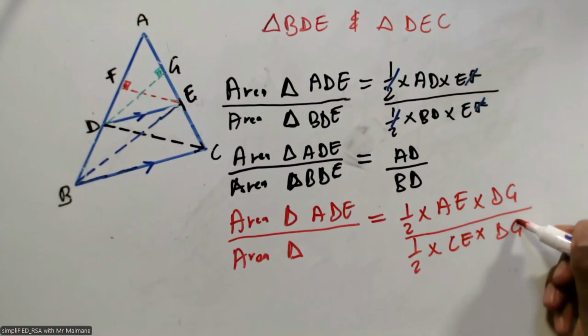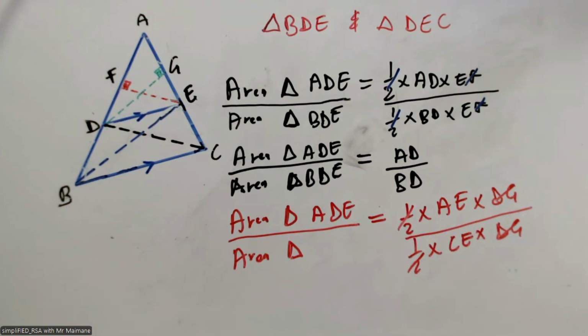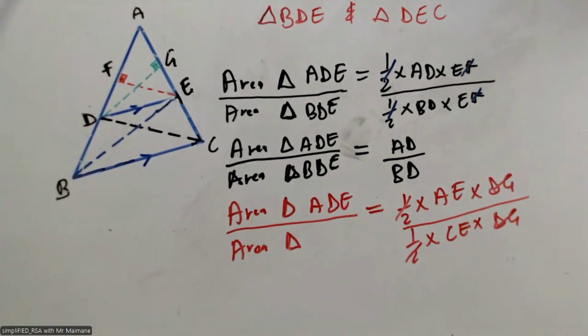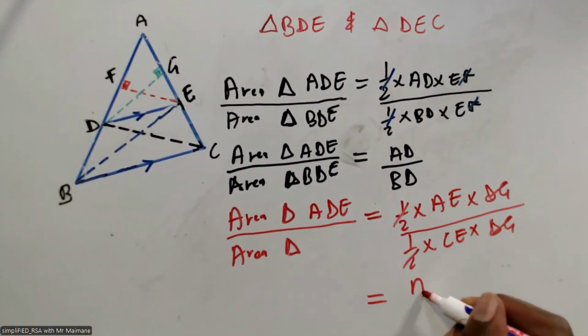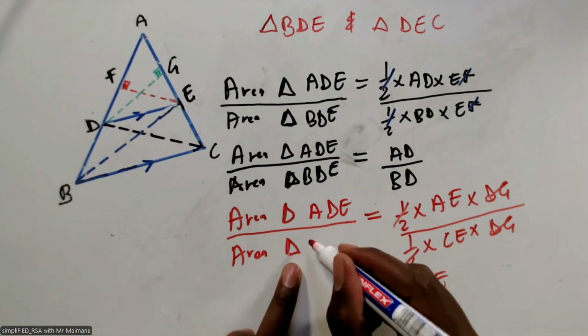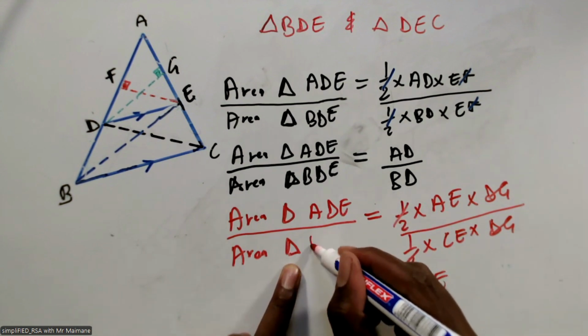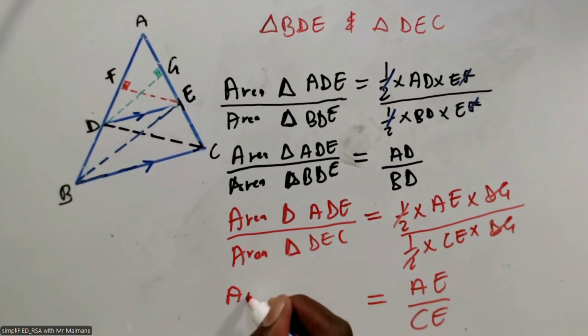Again, DG cancels DG and the halves cancel. So it is safe to say this is the same as AE over CE.